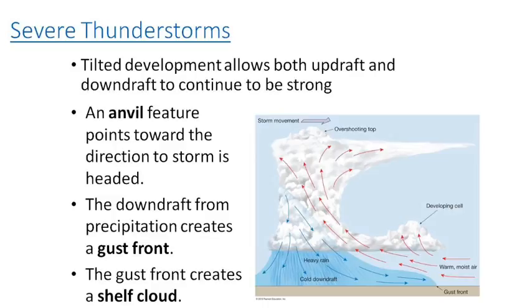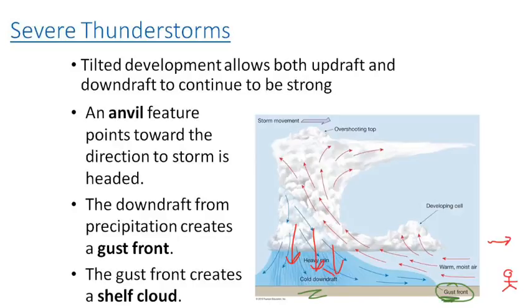So the downdraft is where you're going to get your precipitation. Okay, now if you've ever been sitting on your porch, I'm just going to draw a person. You're sitting on your porch, kind of watching the storm roll in. And sometimes in advance of the precipitation, all of a sudden the wind picks up. And what that actually is, is what we call the gust front.